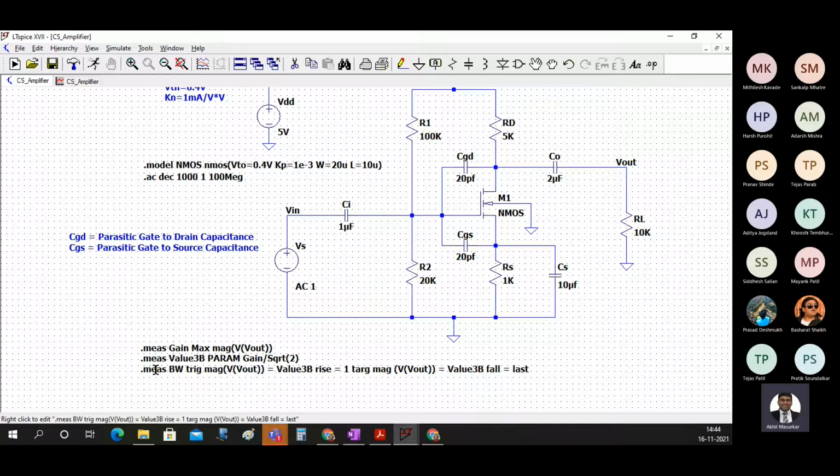Trig means trigger magnitude measurement of V out when the value of 3 dB gain is achieved during rise time, and the second part of that is trigger magnitude of V out when the 3 dB value is falling. Okay, so this is the command.